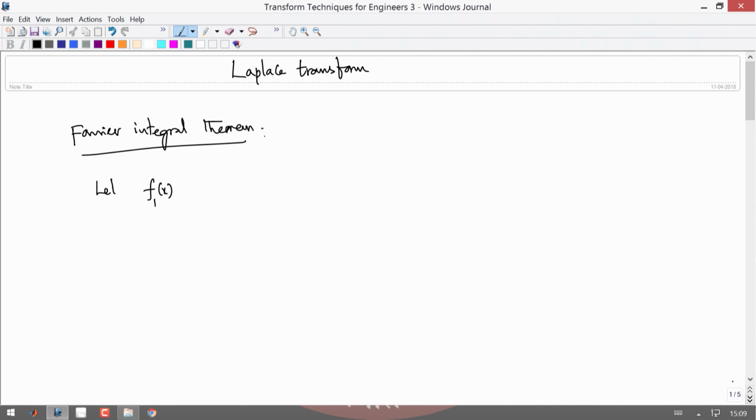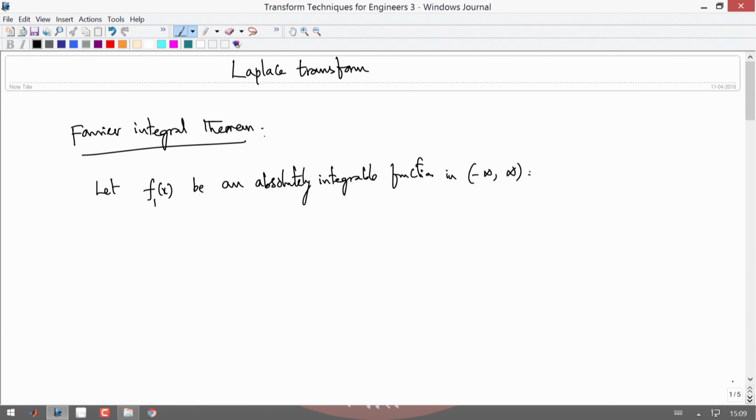The Fourier integral theorem is basically that you define a Fourier transform and its inverse transform for an absolutely integrable function. So you consider f1 to be such a function, an absolutely integrable function, defined from minus infinity to infinity, so the full real line.